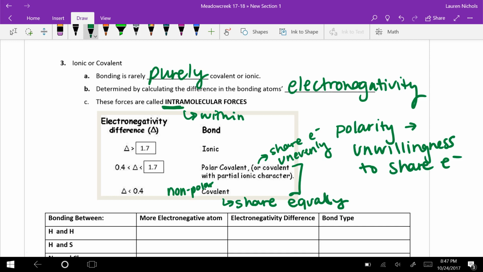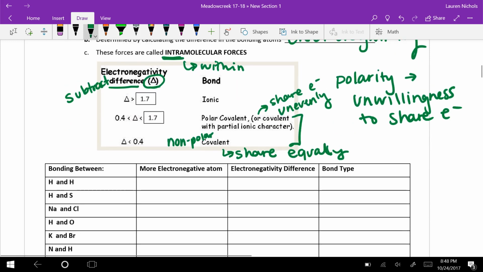And so we're going to use this chart to really help us determine, after we determine the electronegativity difference, which difference just means subtract in math, and this is the Greek symbol delta, which stands for difference, so it's just, again, telling you to subtract. We're going to calculate the difference between atoms to determine what type of bond it would form.